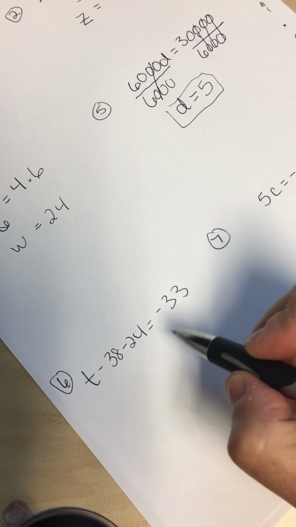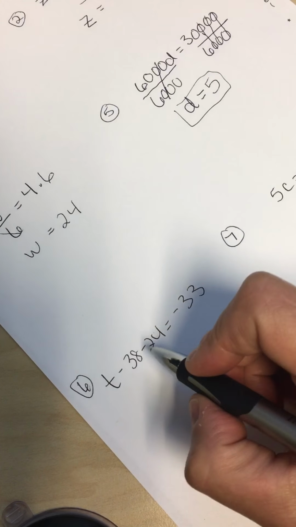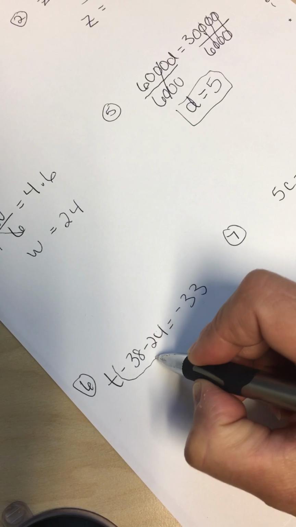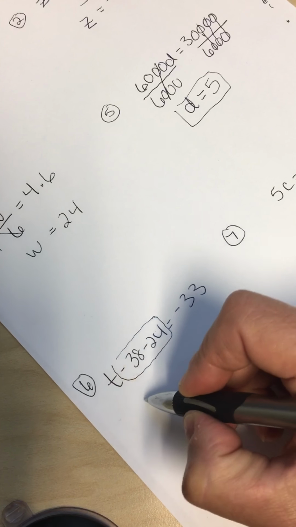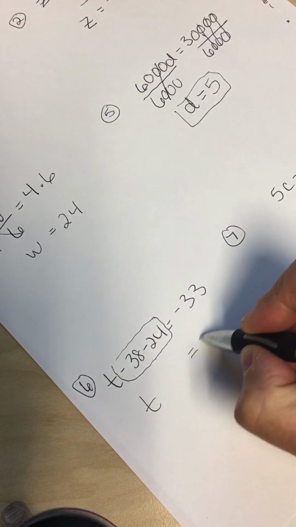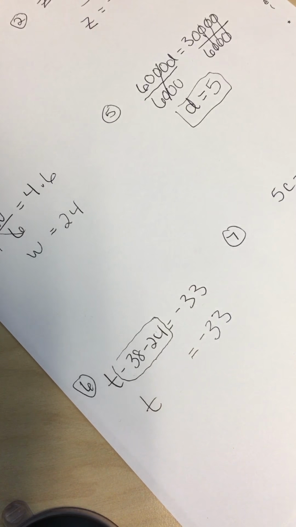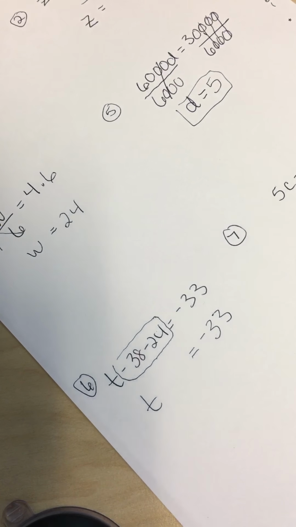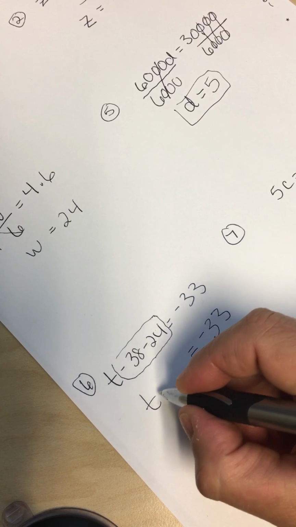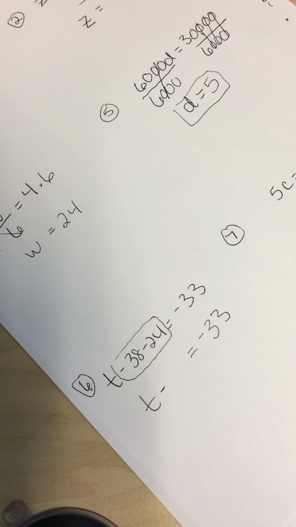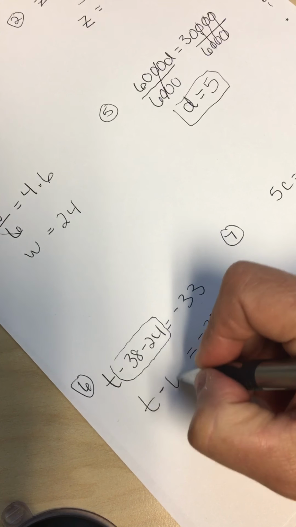For number 6, there's a little simplifying to do first. First, we have to combine like terms. We have to do negative 38 minus 24. Okay, and you can do that in the calculator. Negative 38 minus 24 is negative 62.